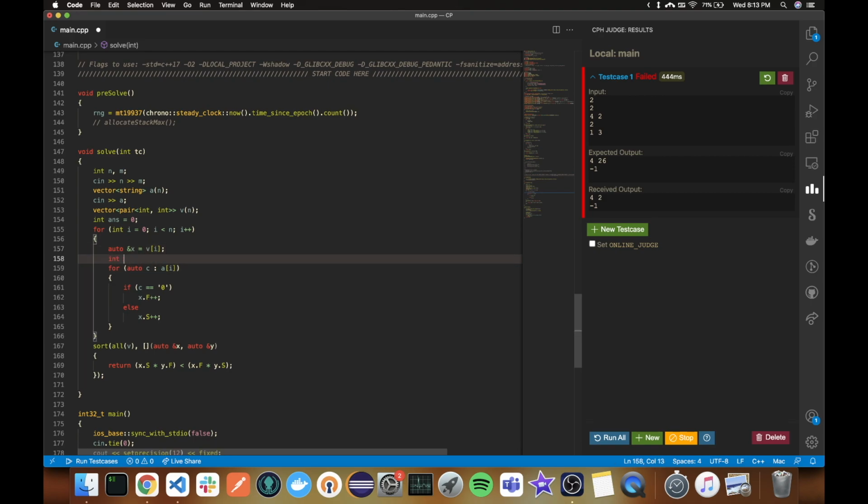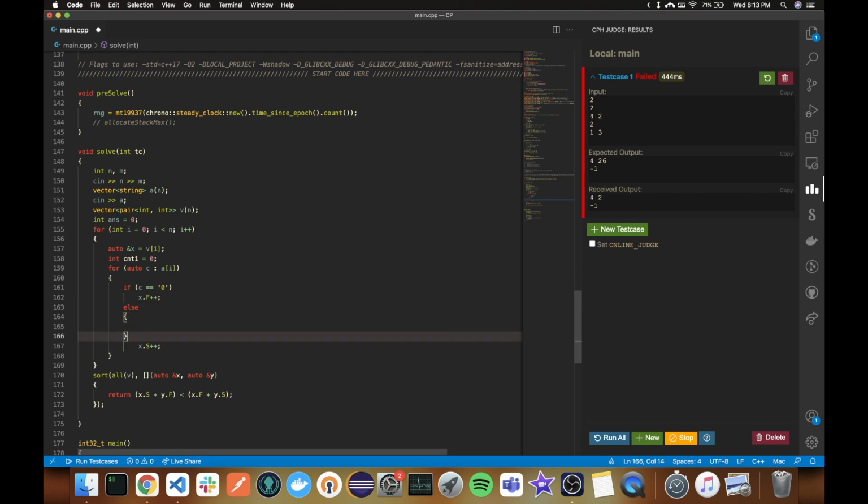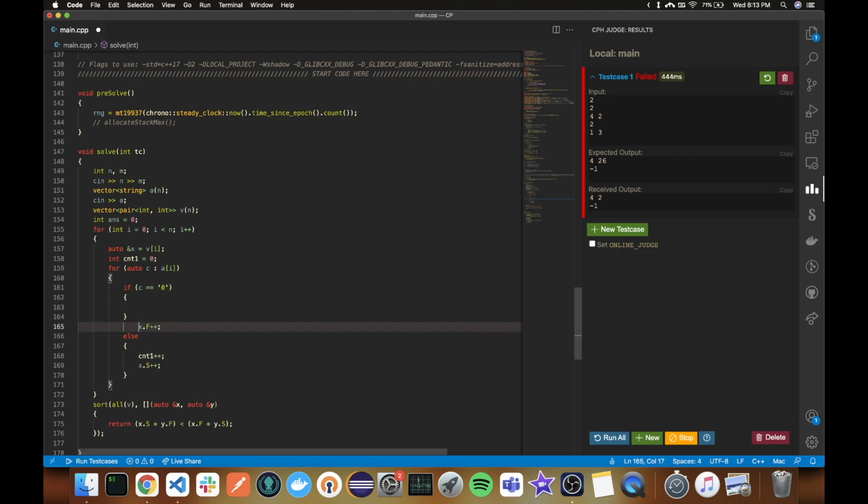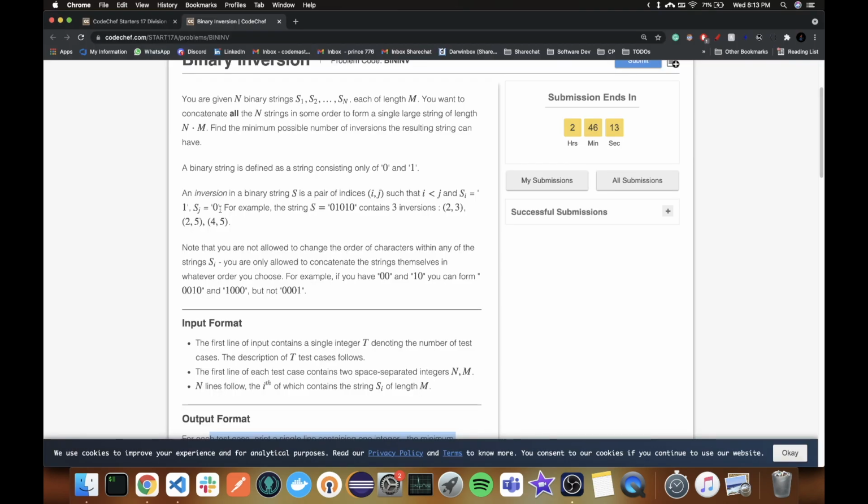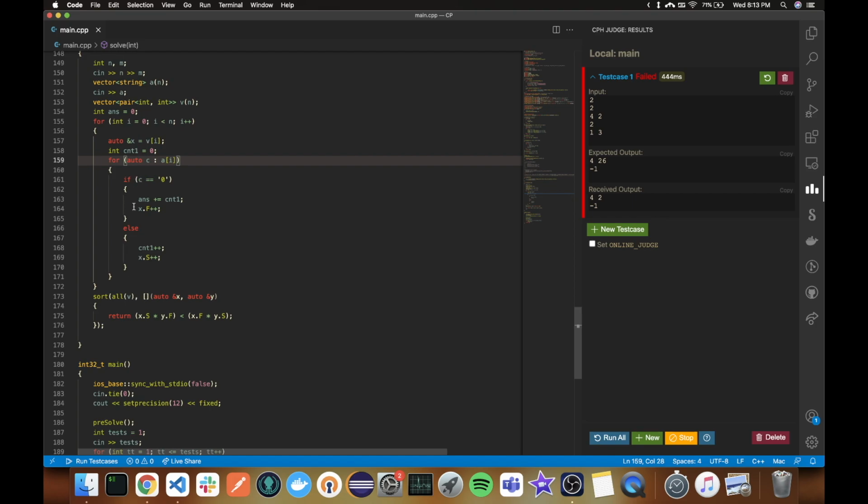What would be the inner inversions? Okay, so count 1 plus plus, and every time a 0 occurs, I add to my current inversions the number of times 1 has occurred. So basically, at this point, 1 has occurred twice. So for every 0, inversion will increase by 2. That's how I'm doing inversion.